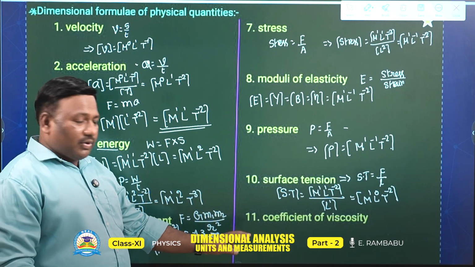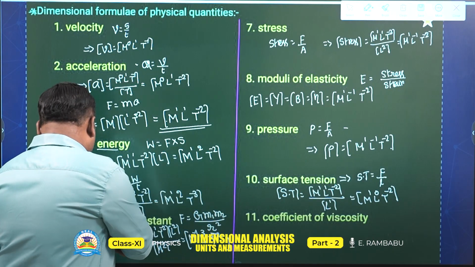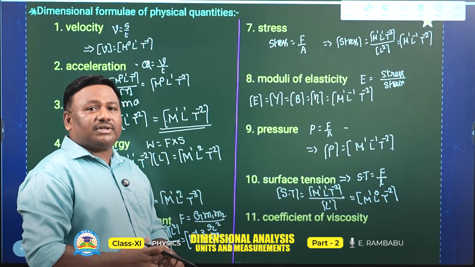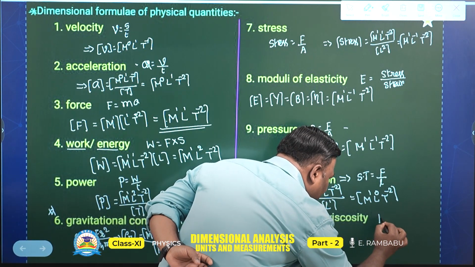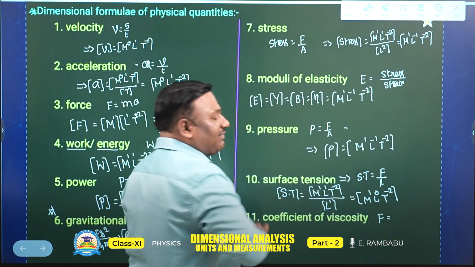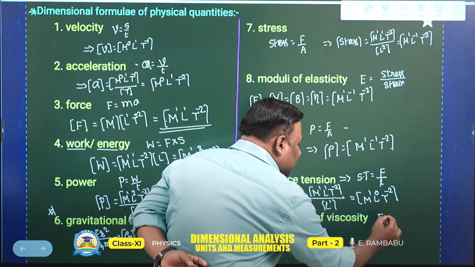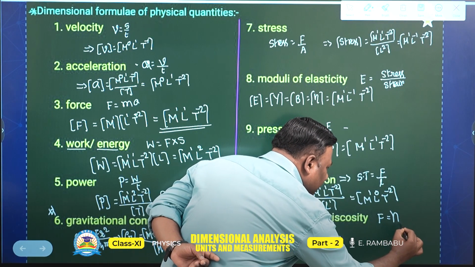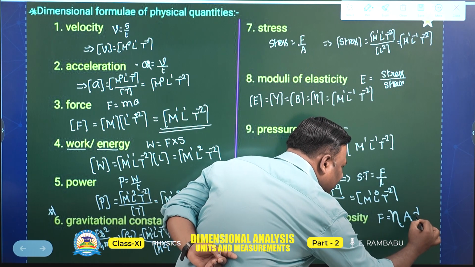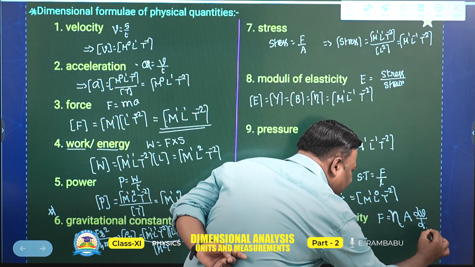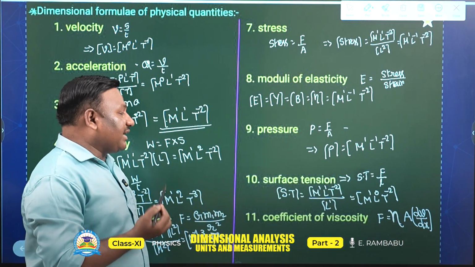And one more important dimensional formula, coefficient of viscosity. As with the gravitational constant, coefficient of viscosity is also very important. Here the formula is simple, but deriving the formula is difficult. We take the viscous force equal to eta, the coefficient of viscosity, into area into dV by dx. dV by dx is nothing but the velocity gradient.